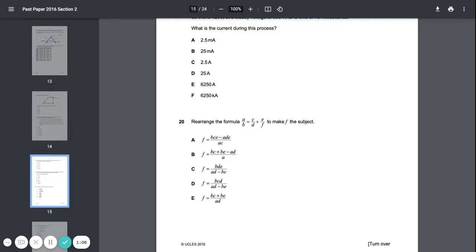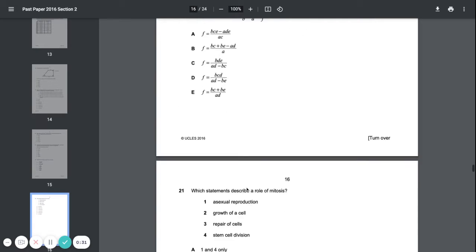Now you take all terms containing F to one side, so that is F common, AD minus BC is equal to EBD, and making F the subject, you say that EBD by AD minus BC is your final answer, which will be option D. No. Yes, it'll be option C. Sorry. It'll be option C, which is EBD or BDE divided by AD minus BC.